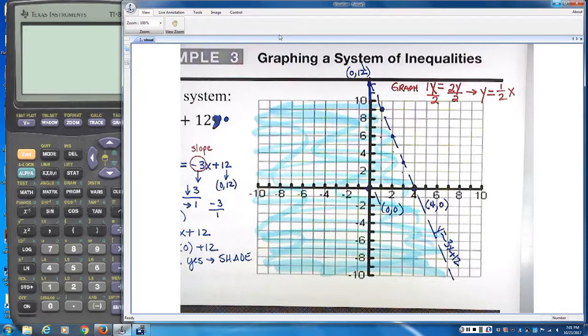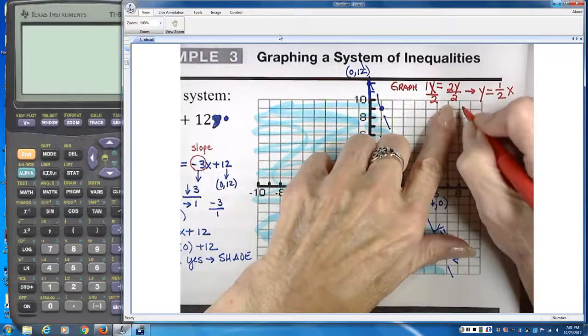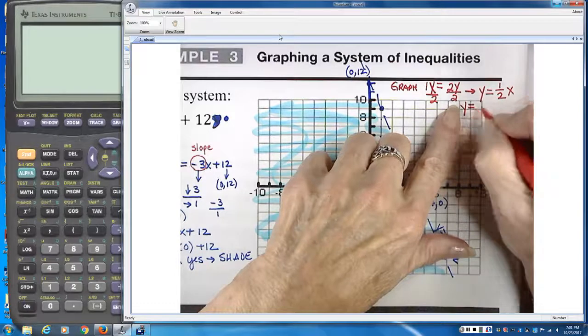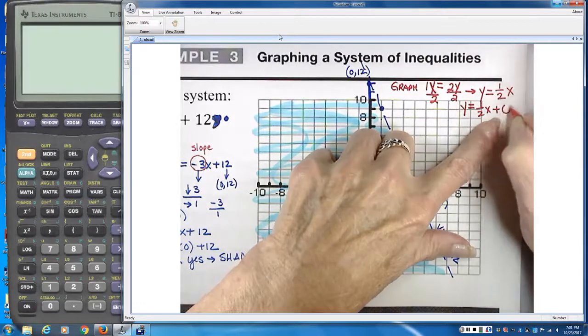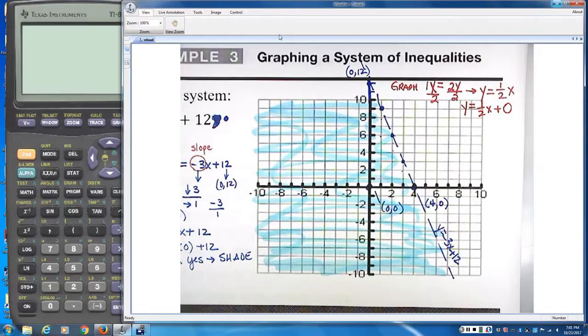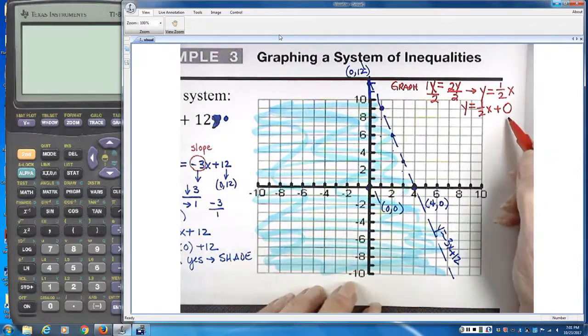So if x is equal to 2y, then y is equal to 1/2 times x. And since it's 1/2 times x, I know that y equals 1/2 times x plus 0, because I'm not adding anything to the equation. 0 doesn't change anything. So that means my y-intercept is 0, 0.